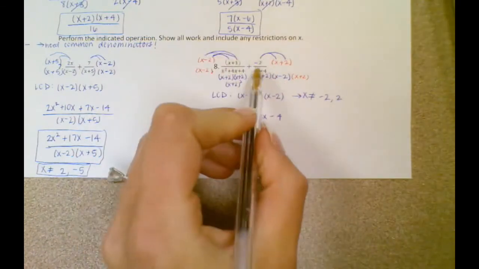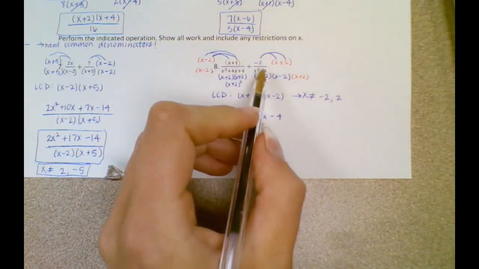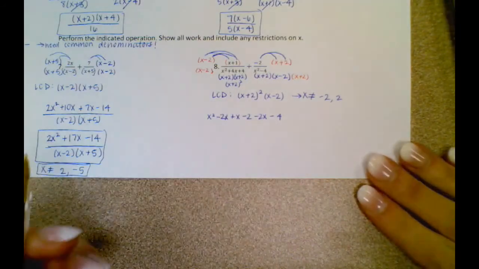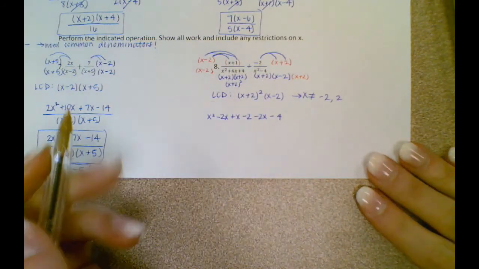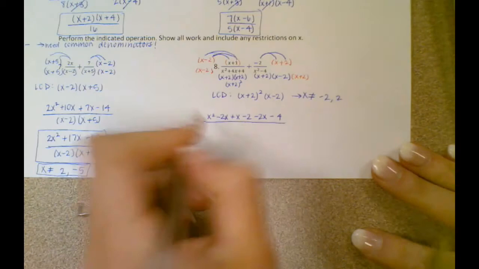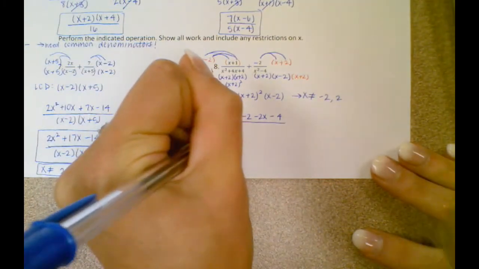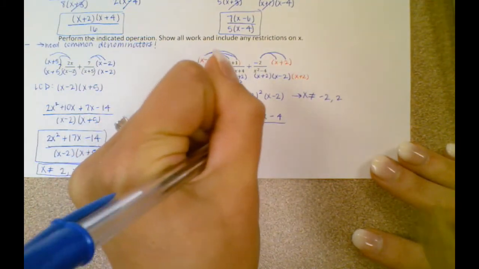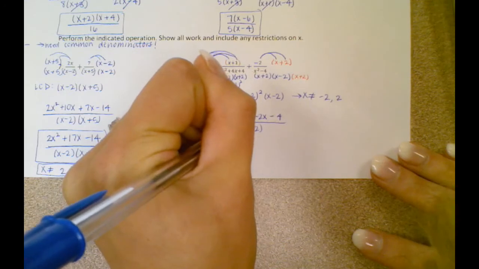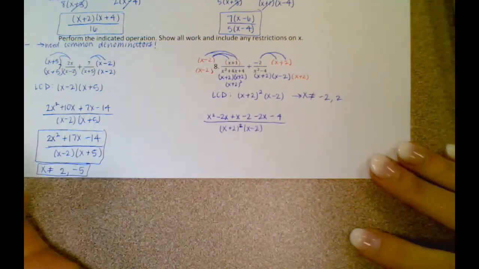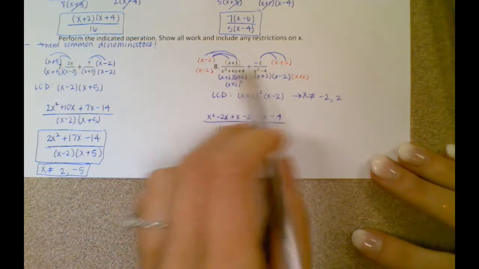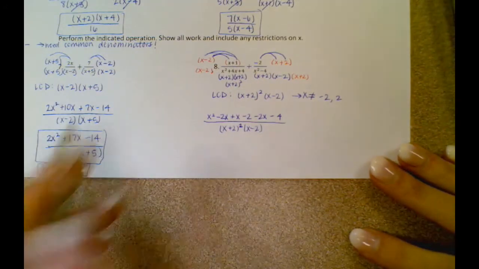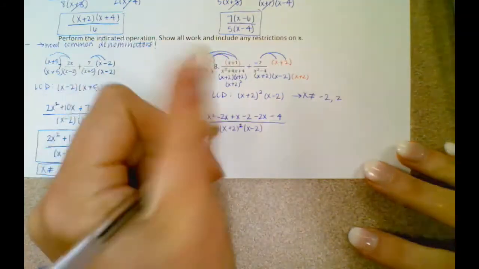You don't have to, but I like to do that so I don't forget about any negatives. I don't make any silly mistakes. Okay? All over the denominator of x plus 2 squared times x minus 2, which is your LCD. And the reason why we're able to combine the numerators is because the denominators are the same. All right, now we got to simplify that numerator out.